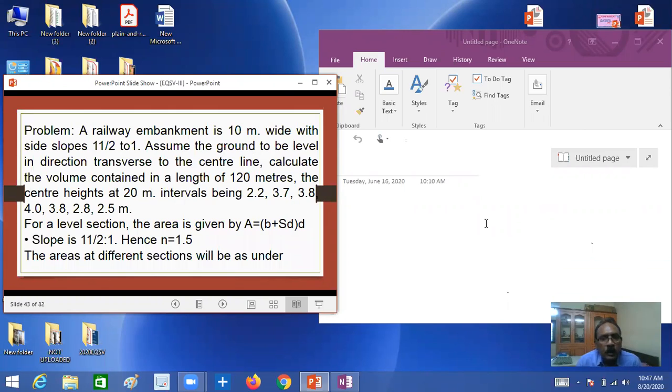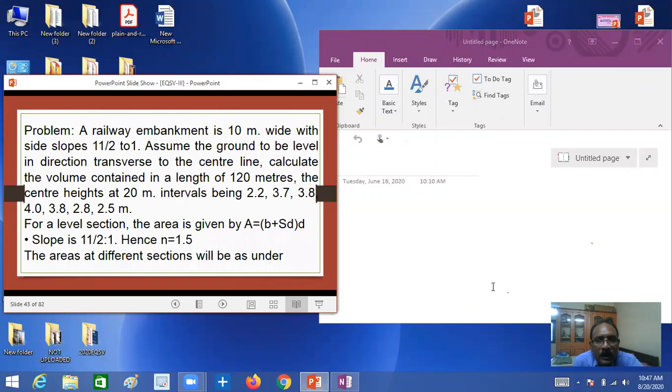Now, this problem says a railway embankment is 10 meters wide, with slopes 1.5 to 1. That means slope equals 1.5.